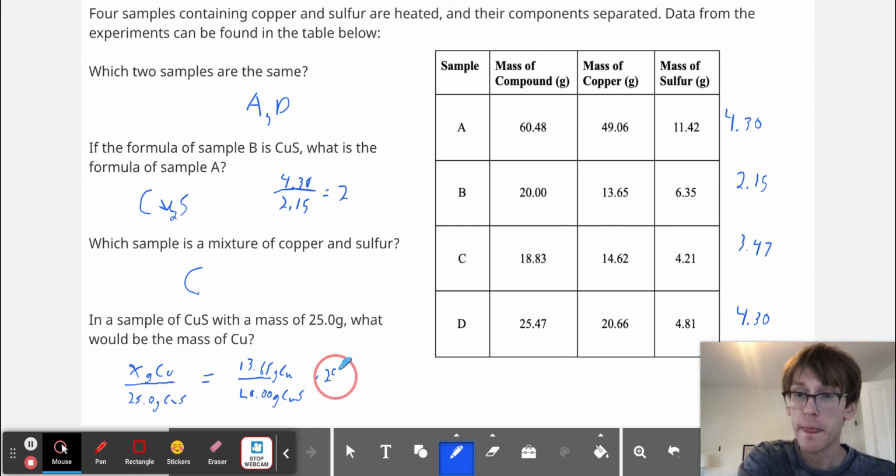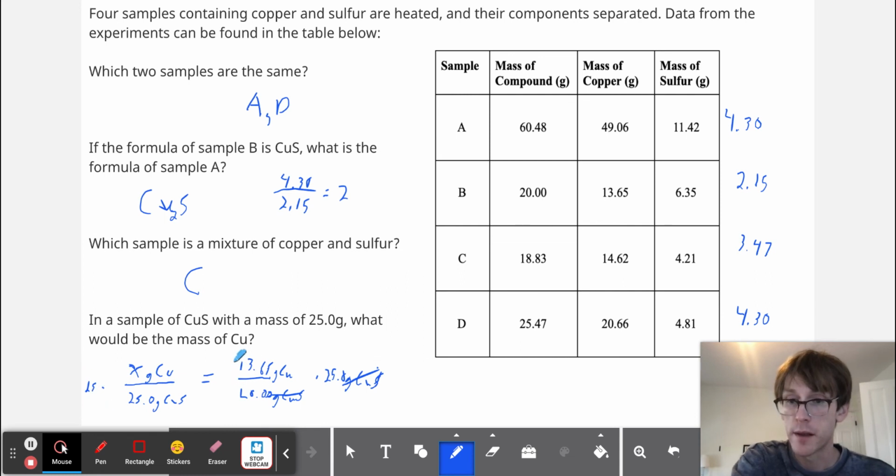This really is dimensional analysis at this point. It's just that the dimensional analysis would skip the part about showing the proportion. Notice our grams of copper sulfide cancel out, and we would need to multiply the 13.65 times 25 divided by 20.